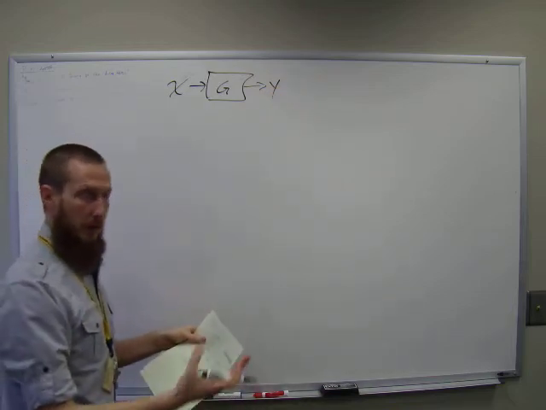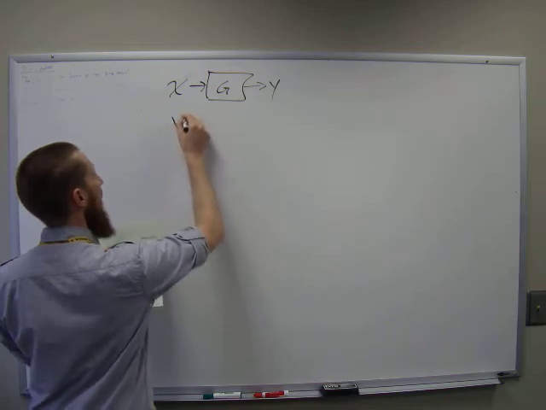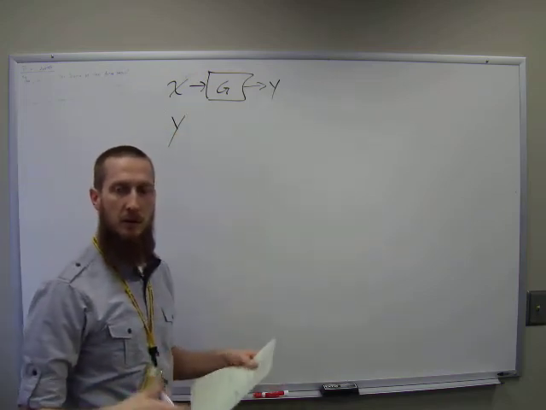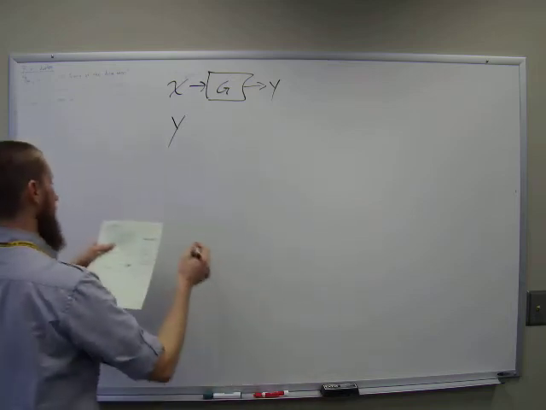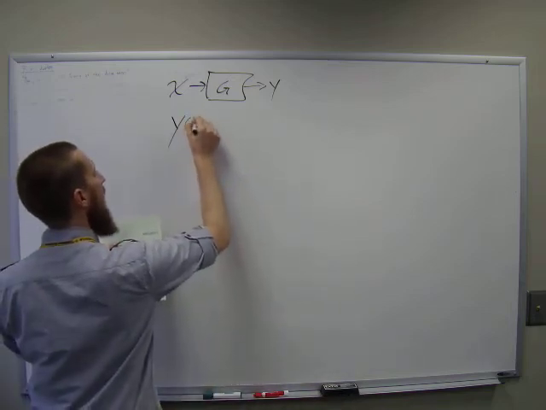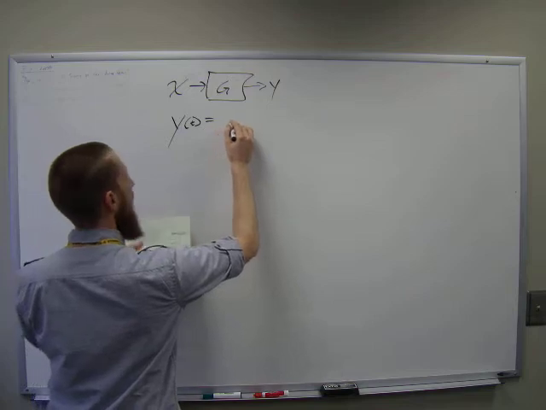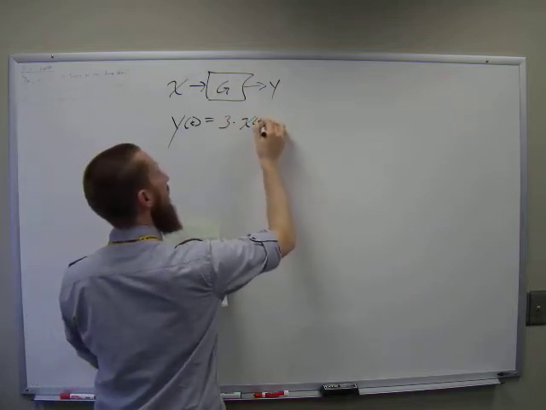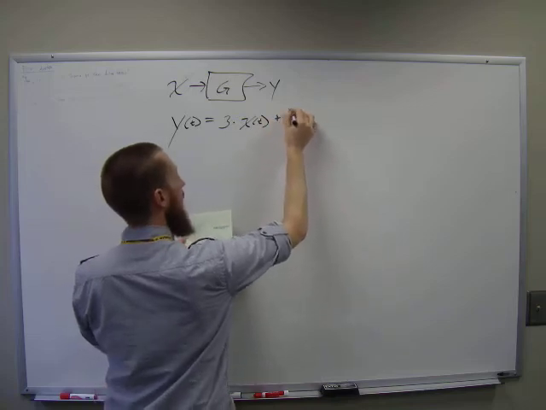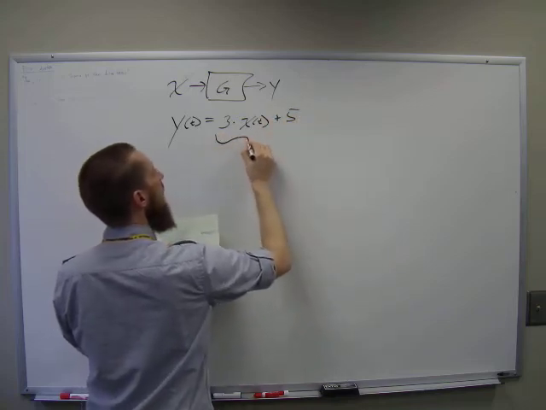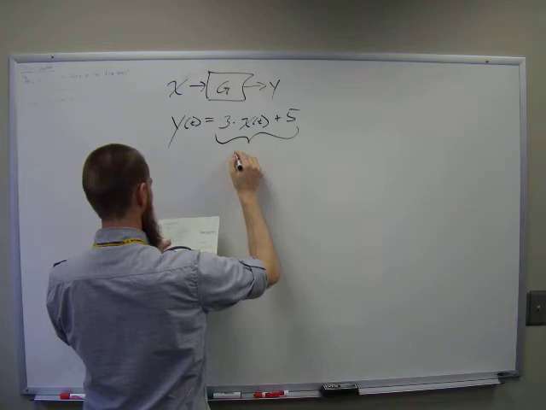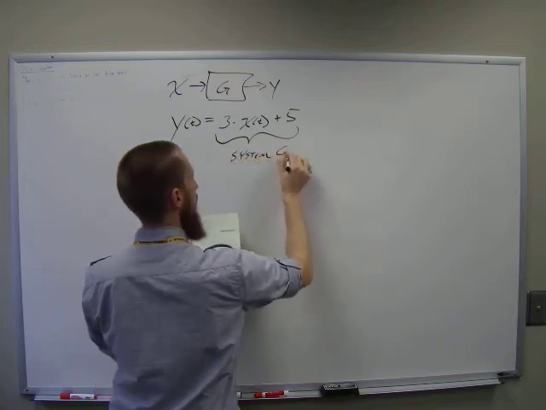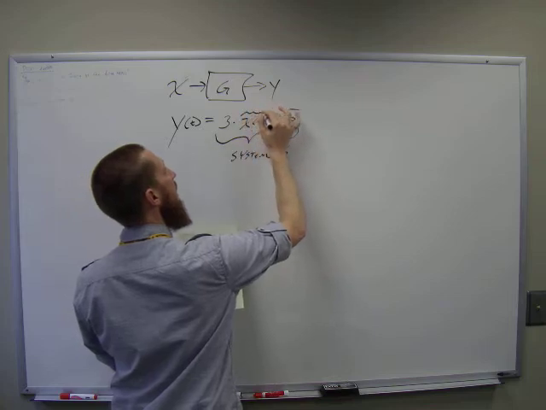So again, I'm going to write an equation for this that takes into consideration the input signal, the output signal, and the system that is applied to the input signal. So, y of t is going to be equal to 3 times x of t plus 5. This is the system G, and this is the input.